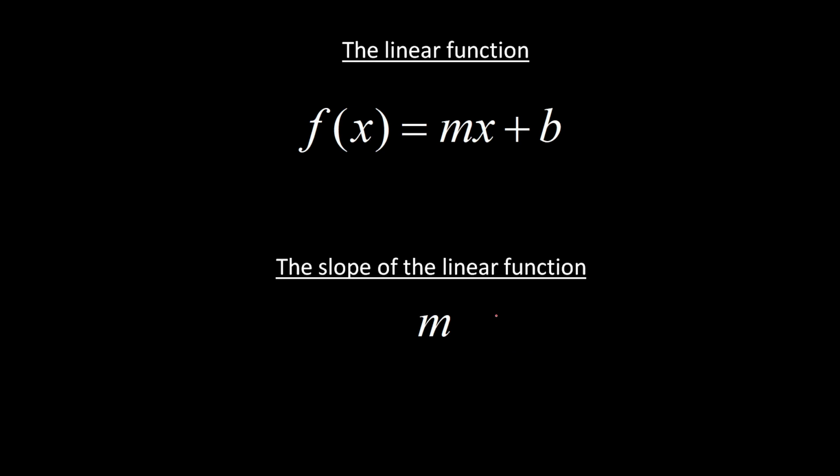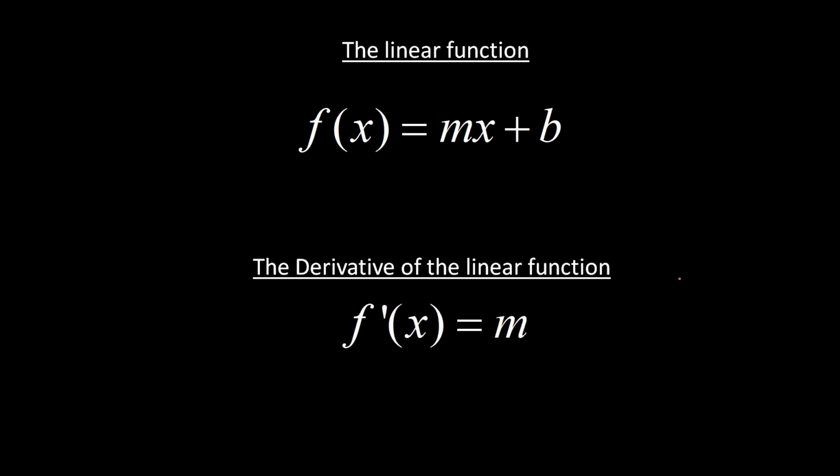And in calculus, we say the derivative of the linear function is m, because the derivative gives the slope of the function. And the slope everywhere of the linear function is m. And since m is giving the slope, that means it's the derivative.